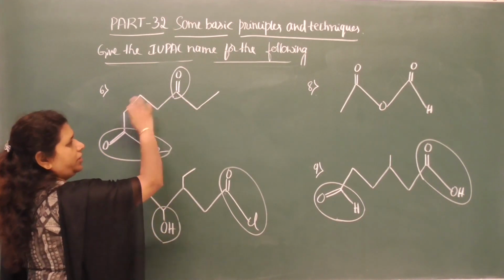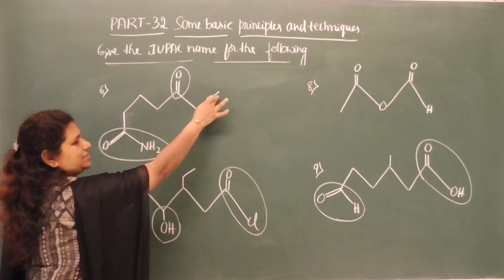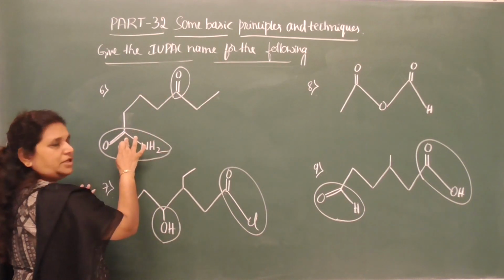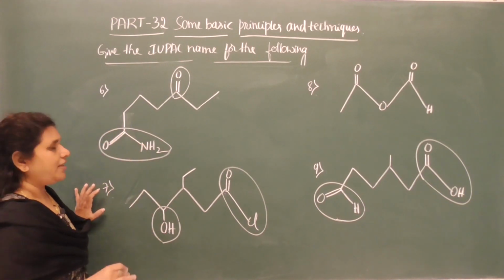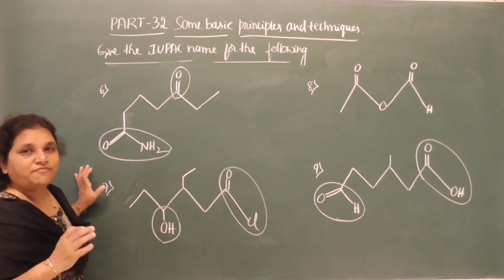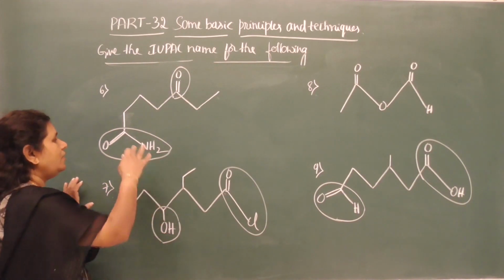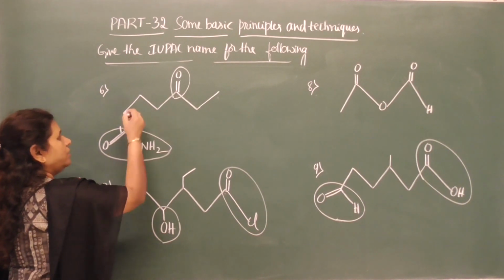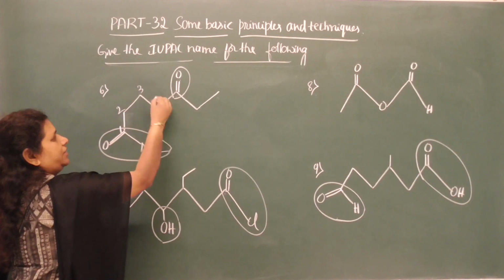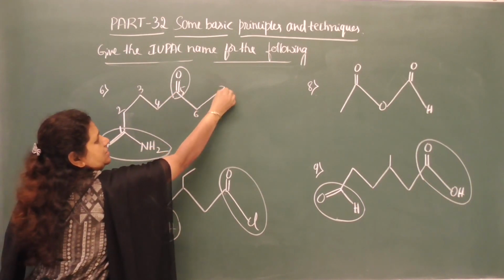So here we need to select the chain 1, 2, 3, 4, 5, 6, 7. Here the terminal position is the amide group, and the carbon atom of that amide group, the principal functional group, is included in the root word. Therefore, you need to give the number for this carbon also. 1, 2, 3, 4, this is 5, 6, 7.